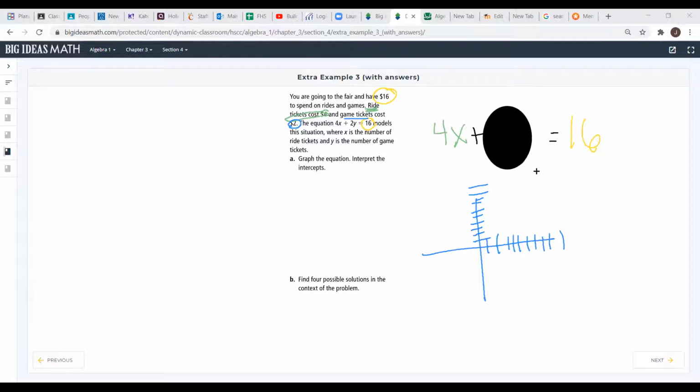So I'm going to cover this up. What am I left with? I'm left with 4x equals 16. Divide by 4, so x equals 4. So I'm going to go 1, 2, 3, 4.